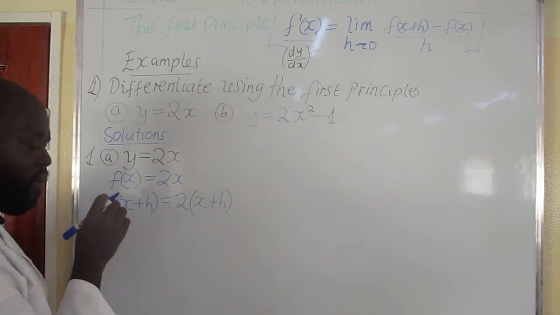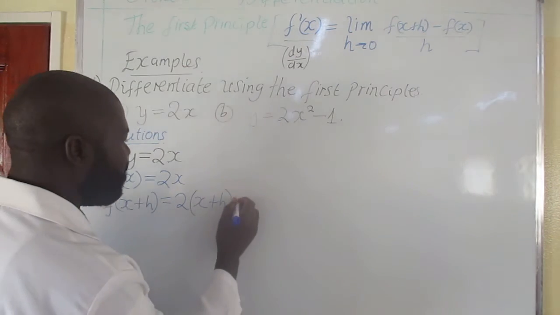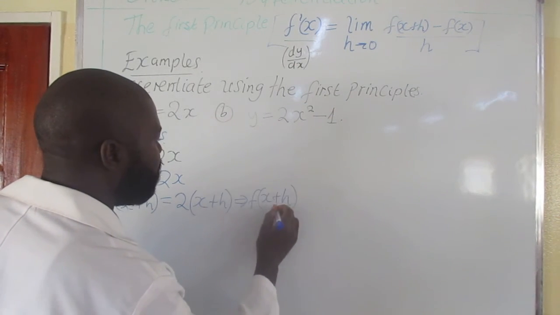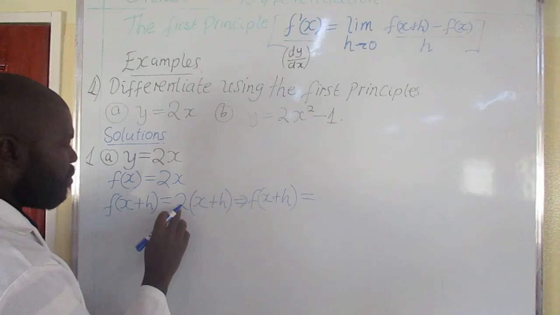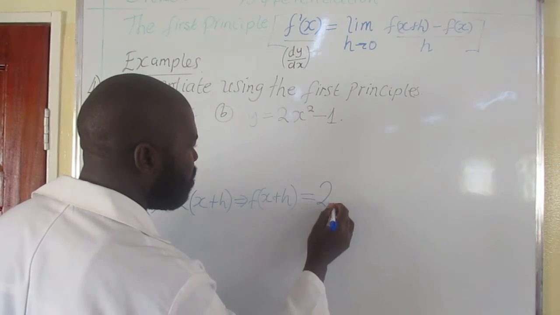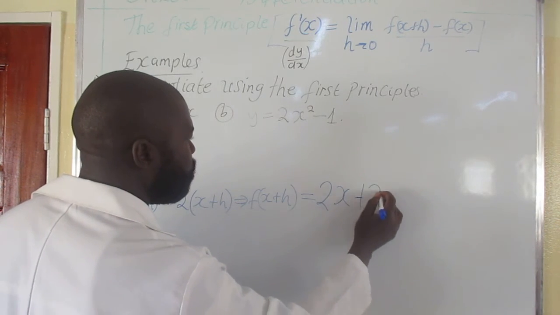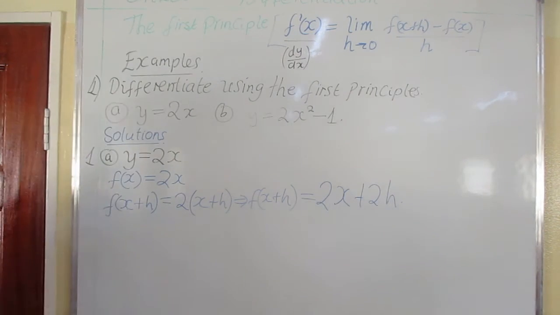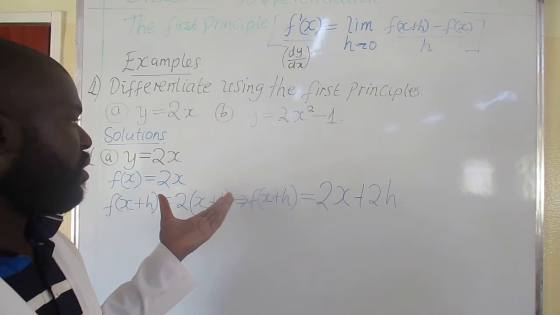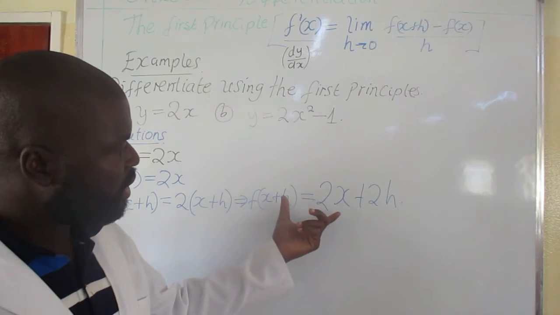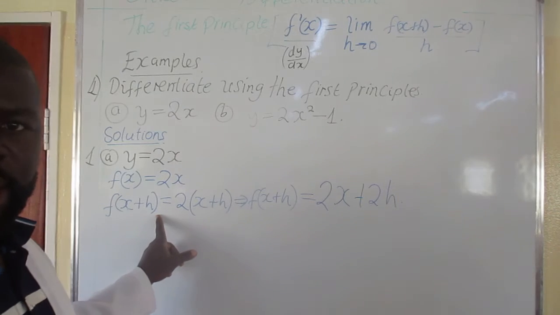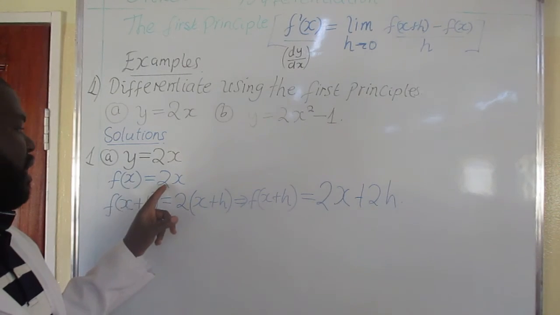So that f of x plus h will be, when you multiply 2 by x and by h, 2x plus 2h. So when you have these two quantities, you are now at liberty to substitute these two quantities for f of x plus h and f of x.